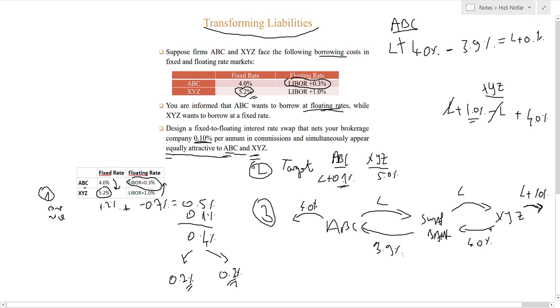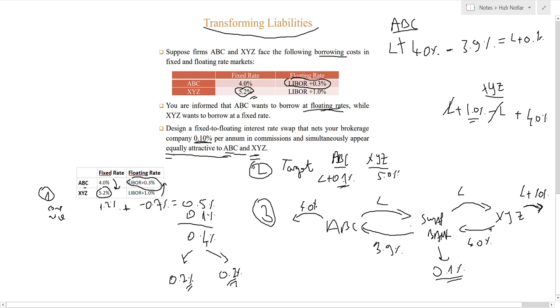At the end of the day, ABC company is happy, XYZ company is happy, because they borrow money at a lower interest rate than they expected. Also, as a swap bank, we get LIBOR, we give LIBOR, and we take 4% and we give 3.9% interest rate, so we have 0.10% as a commission.